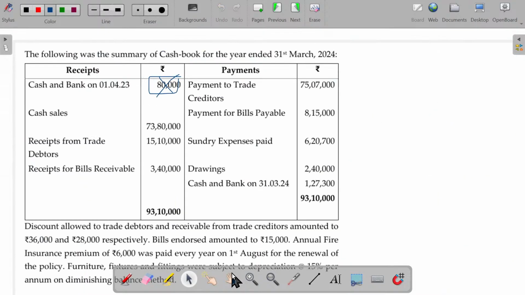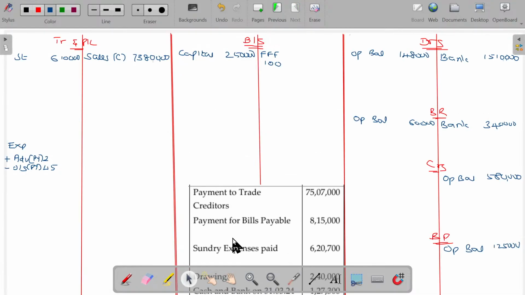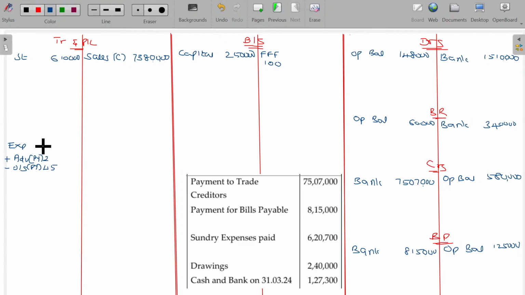Now let's go for the payment side. So we have these items in the payment side. Payment to trade creditors 20.7. There is outstanding as well as advances related to this. Drawings is there, so it should be subtracted from the capital, this value being 2,40,000.